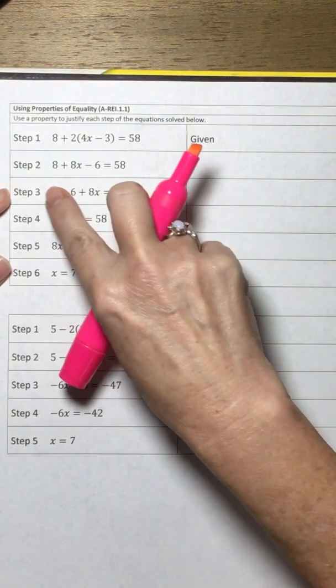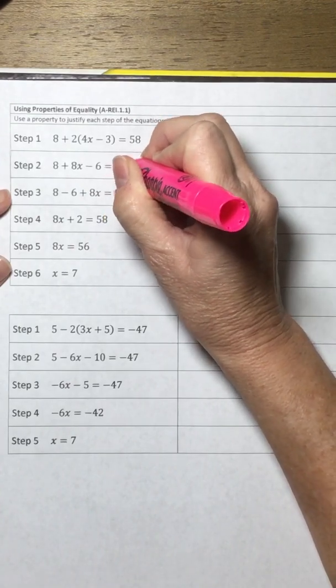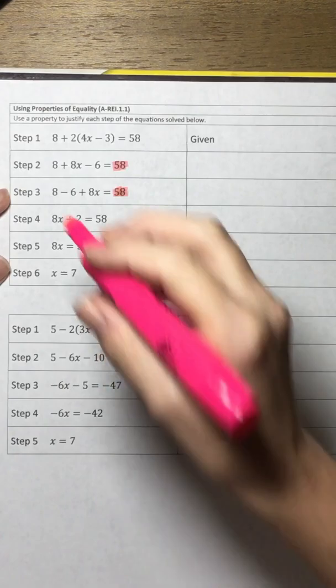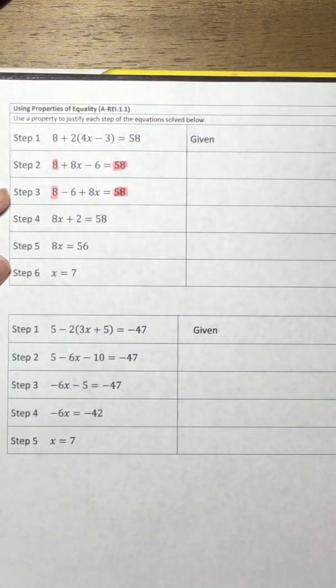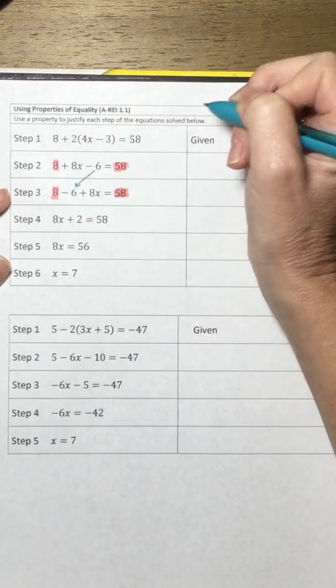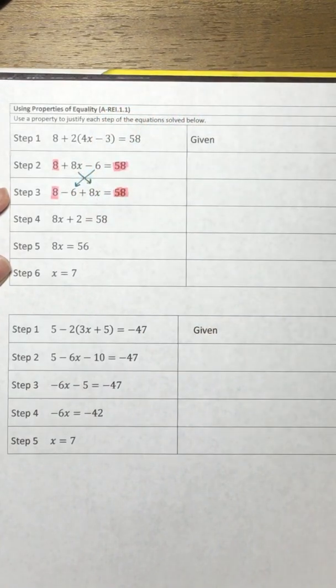So I'm going to look above and I'm going to say, well, I noticed the 58 on this side has not changed. It's the same on both sides. So that already tells me it's not an equality property because it only changed on one side. So let's take a look. This 8 is the same as it is here. But then what I notice is they have the -6 first and the 8x next.